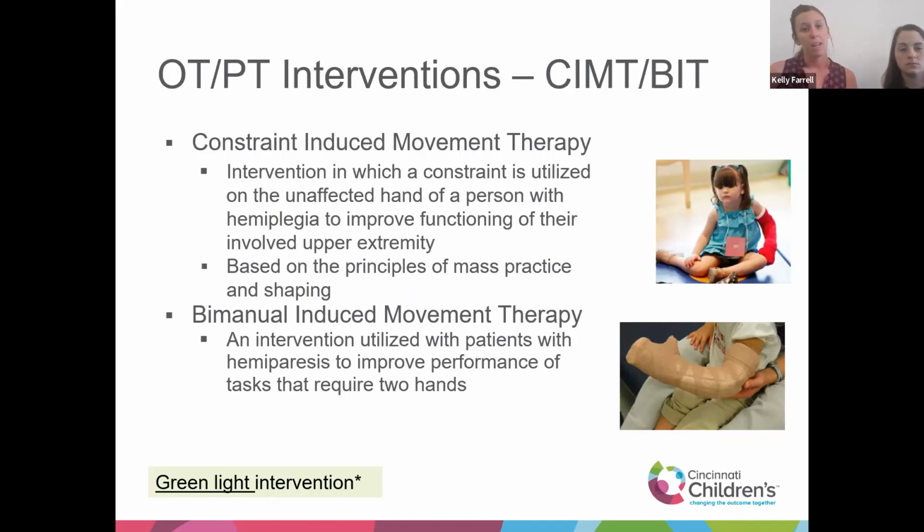I'm going to block their right hand that they typically might use more often and really force them to use that left hand when doing tasks like playing games or opening and closing containers, whatever we want to work on. I think the child in the video was eating, so having him use their hands to eat, all of those things. And so it usually will start with constraint of just blocking the one hand and then move into BIT, so bimanual, both hands.